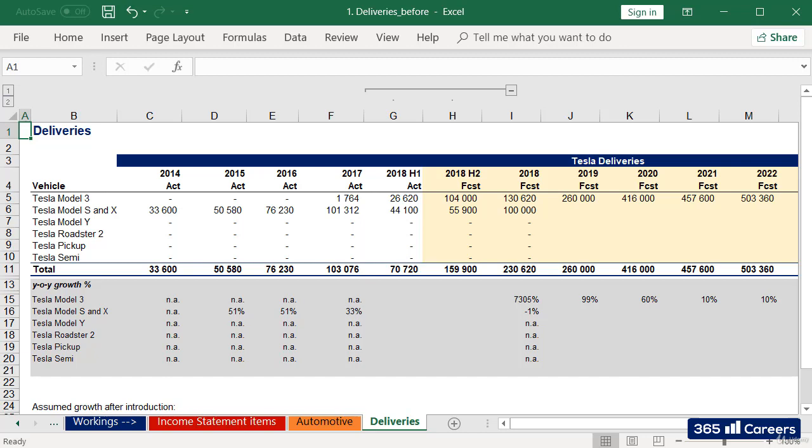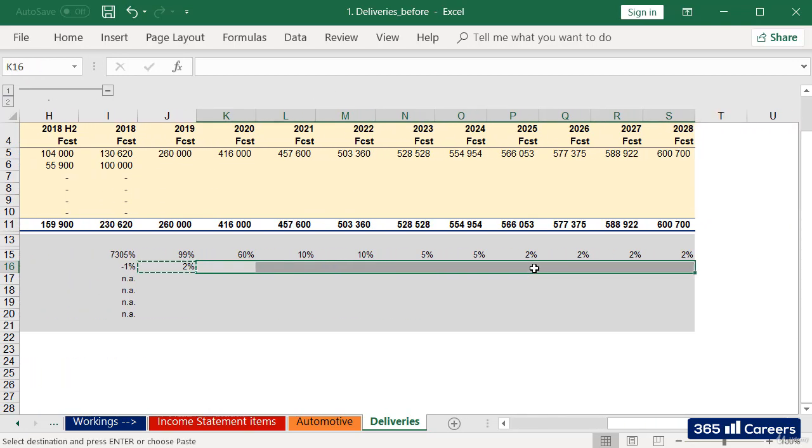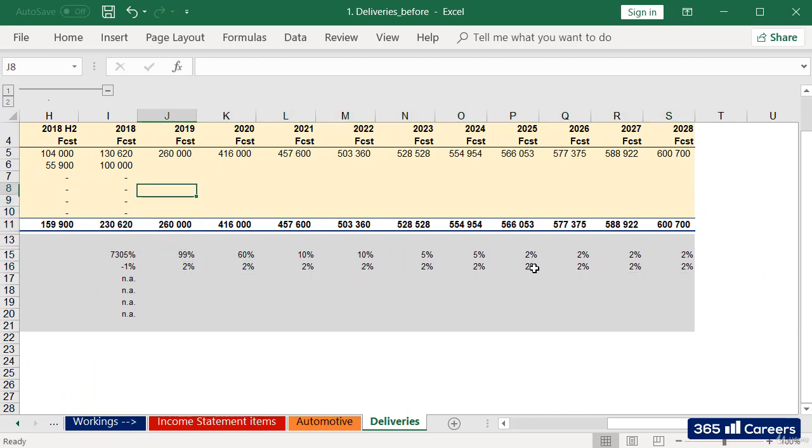Model S and Model X have been on the market for several years now. Therefore, we can assume their growth will be at 2% for the entire forecast period. This isn't too conservative, given that last year Model S and Model X experienced a negative growth of -1%.